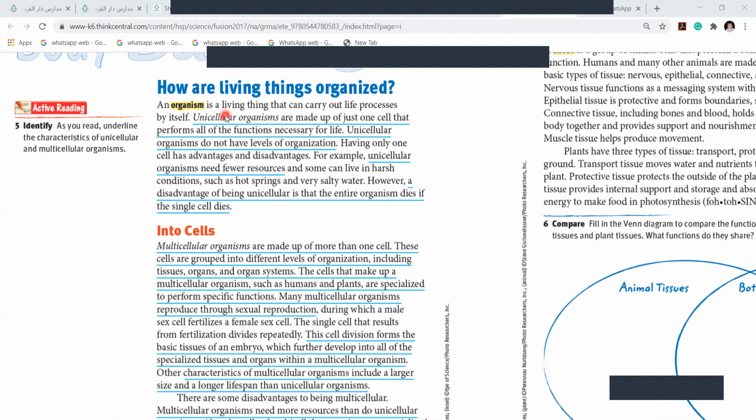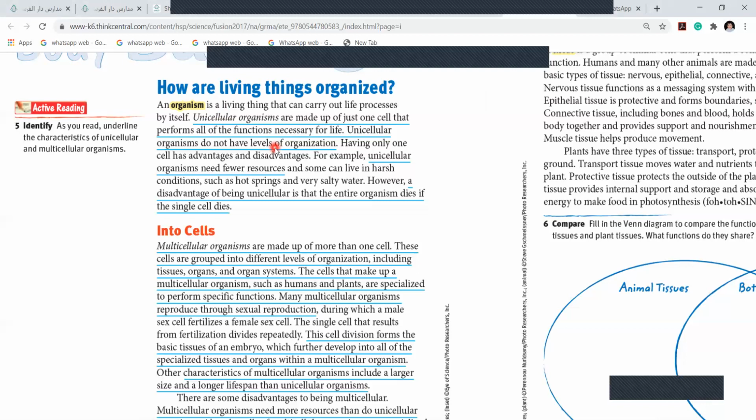Remember, I taught you prokaryotes and eukaryotes. Uni means one cell. Prokaryotes. Unicellular organisms are made up of one cell that performs all the functions. They do not have levels of organization. They do not have tissues or organs because they only have one cell.